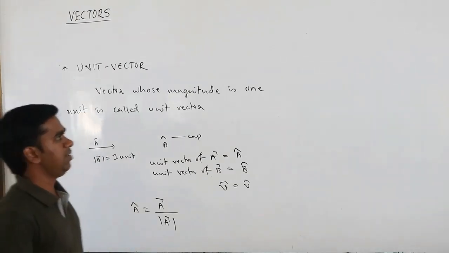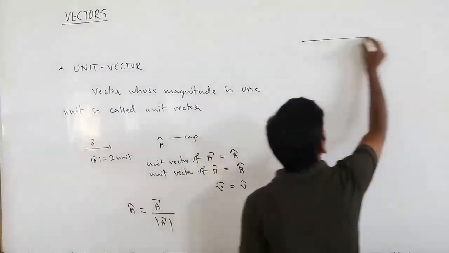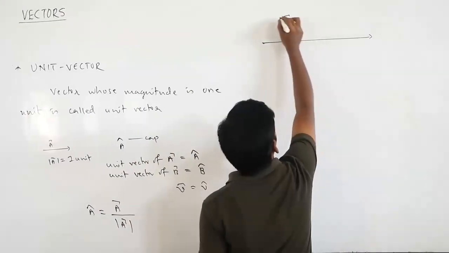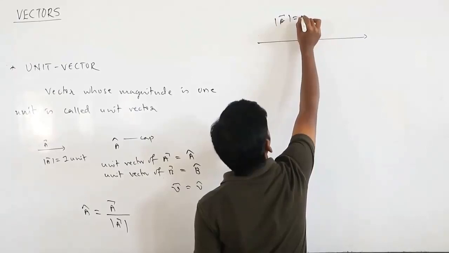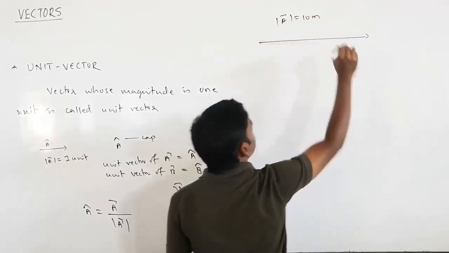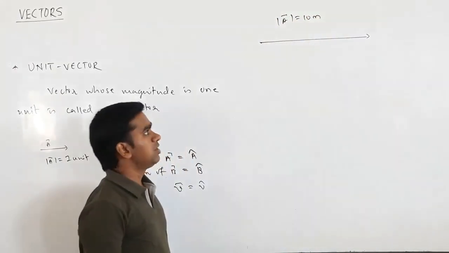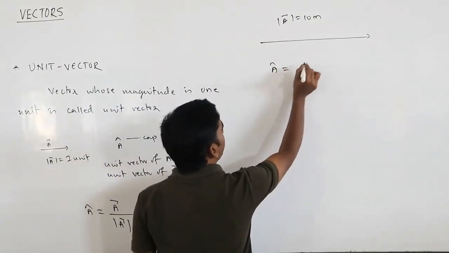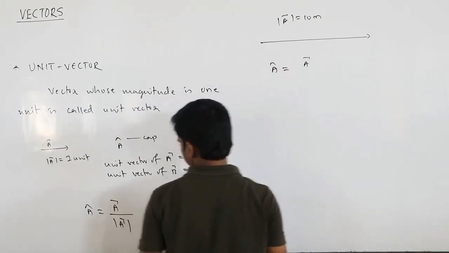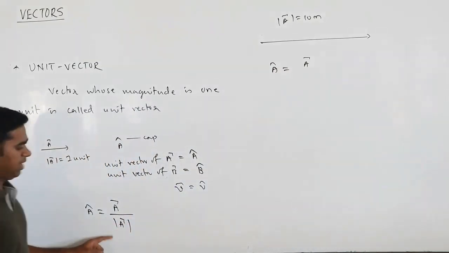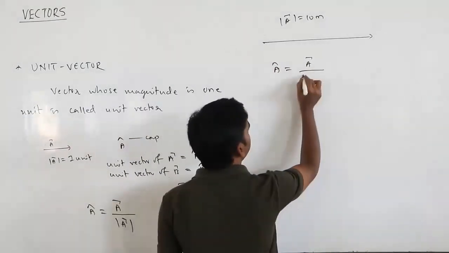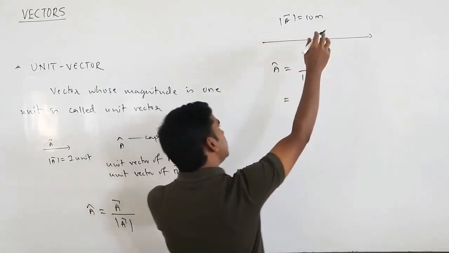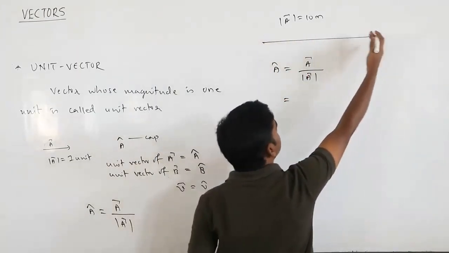So suppose you are having one vector over here. So vector A is here. Its magnitude is say some 10 meter. Now if you calculate the unit vector of A, it is vector A divided by magnitude of A. Vector A is 10 meter in some, say, west direction.